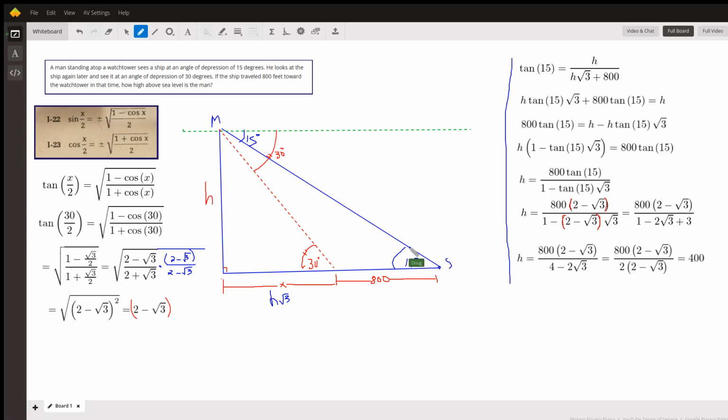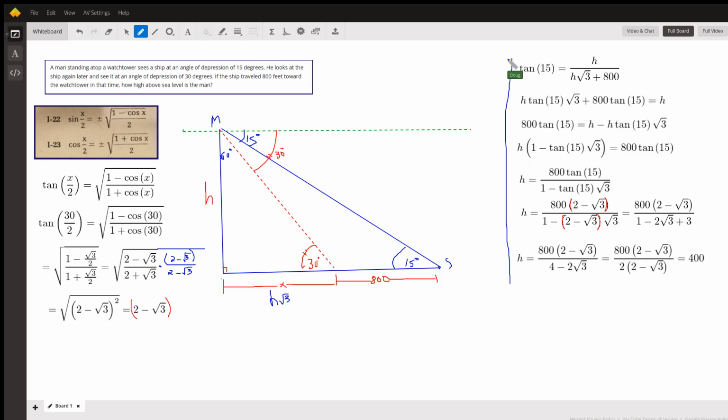You can say that in this 30, 60, 90 right triangle right here, h is the short leg opposite the 30-degree angle. So this distance right here is radical 3 times the short leg.